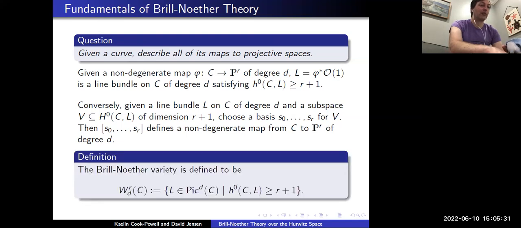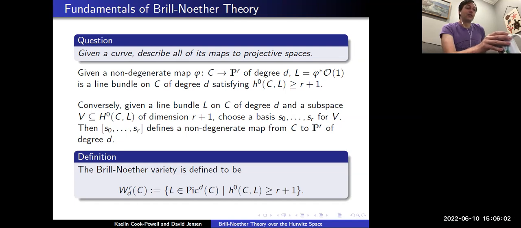Okay, so I can now reformulate the question above in terms of line bundles. The Brill-Noether variety W^r_d is defined to be the space of line bundles on your curve of degree d that have at least r+1 independent global sections.